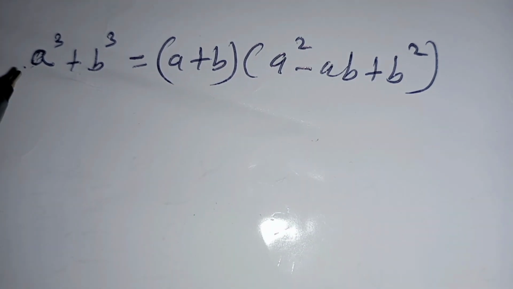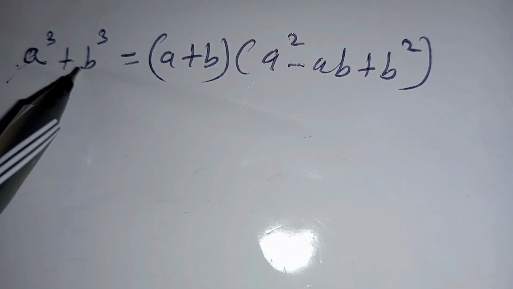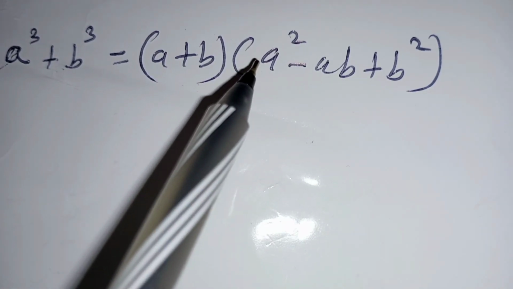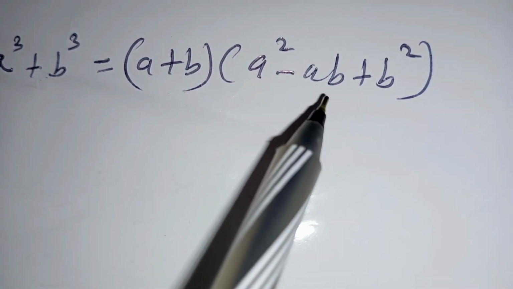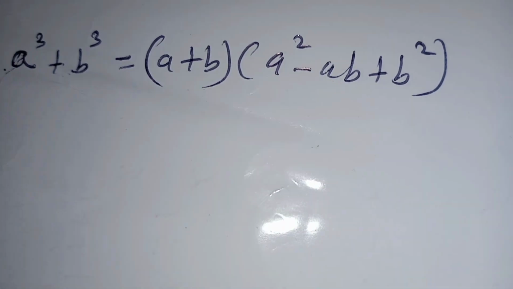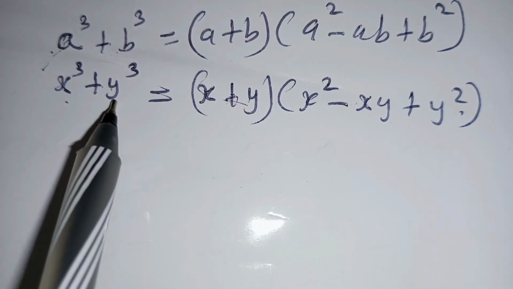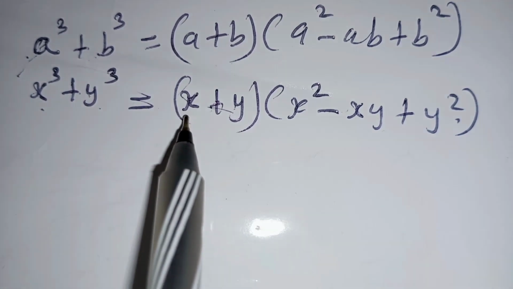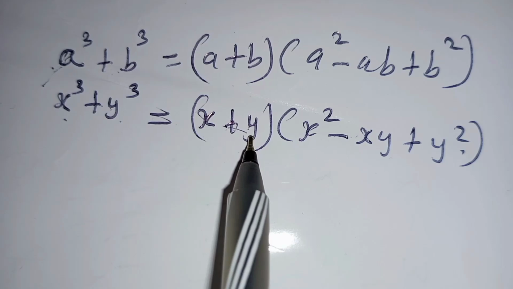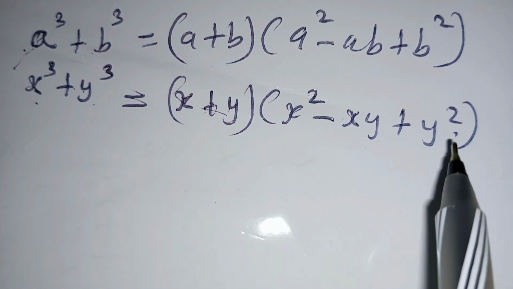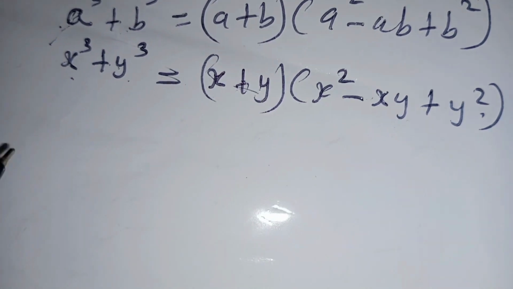So we shall employ this identity which says a cubic plus b cubic is equal to bracket a plus b, bracket a squared minus ab plus b squared. In our case, we have x cubic plus y cubic, so substituting we shall have bracket x plus y, bracket x squared minus xy plus y squared.